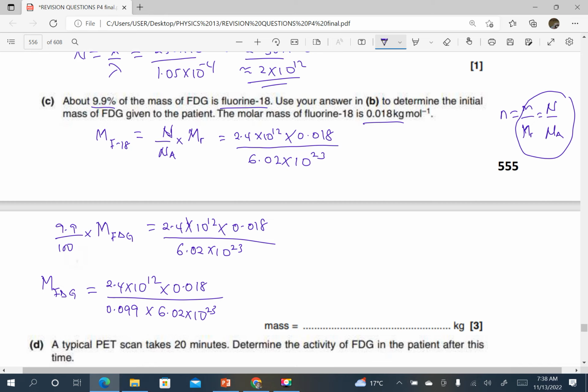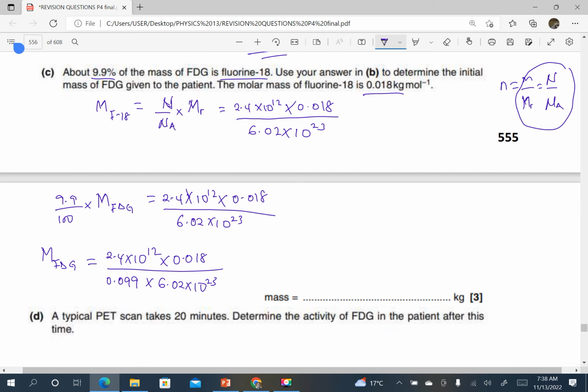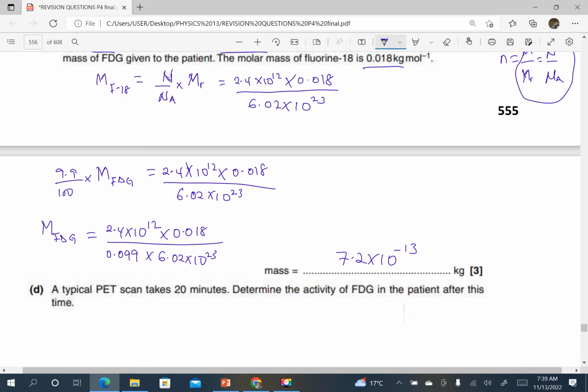So I press my calculator. From my calculator, I am getting 7.2 times 10 power negative 13 kilograms.